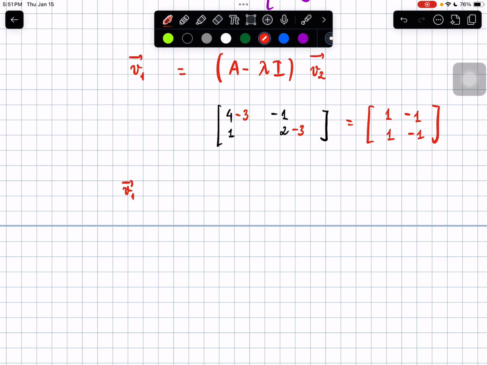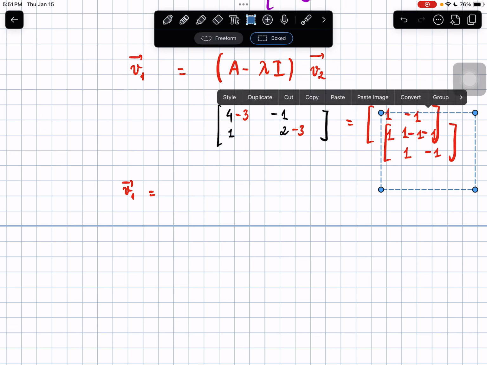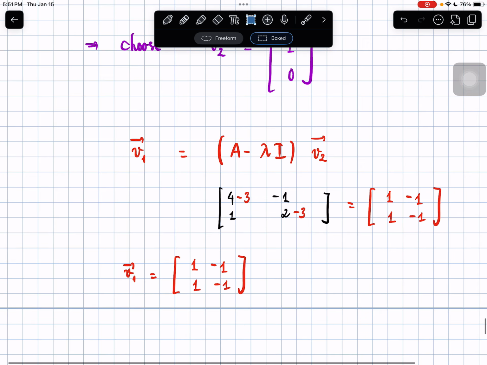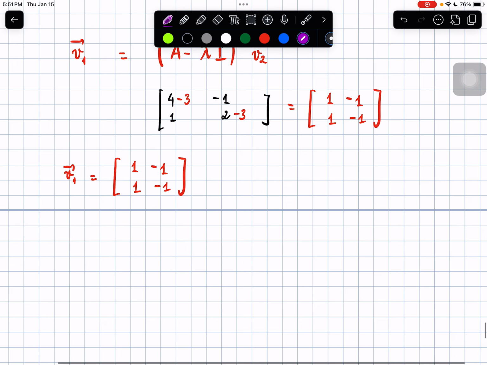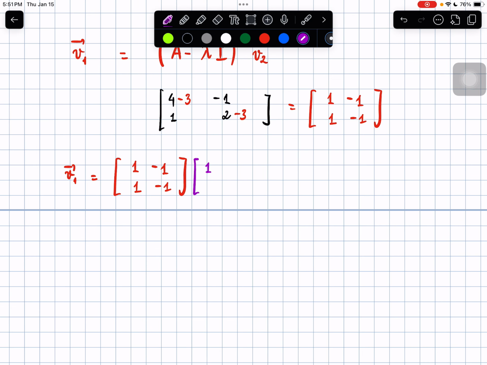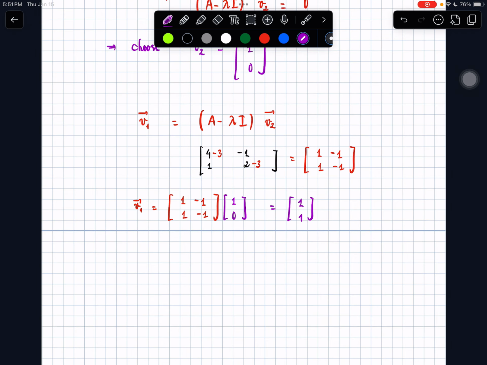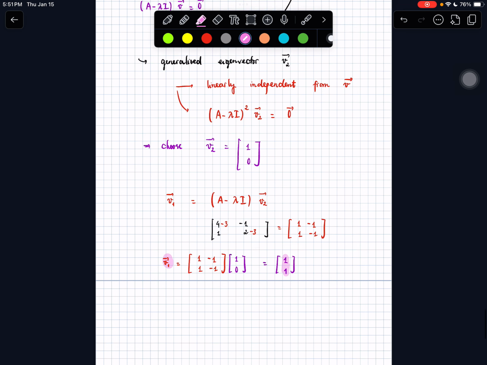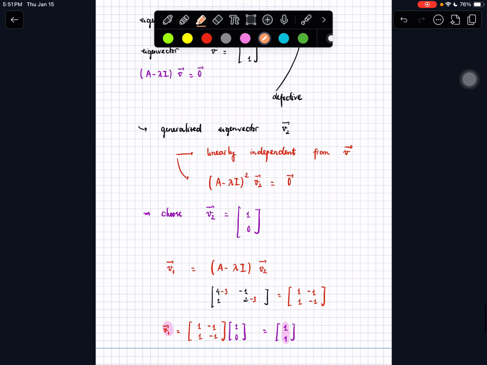V1 is this matrix times V2, which is 1, 0. This is the first column, 1, 1. So we have the actual eigenvector and the generalized eigenvector.